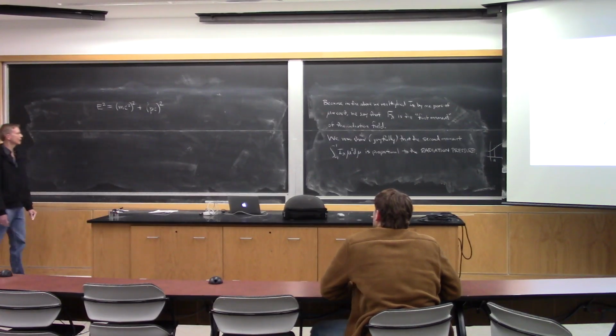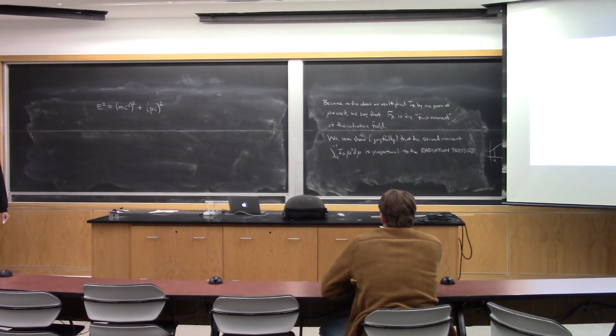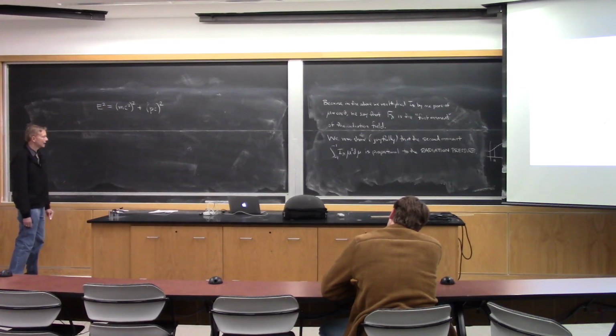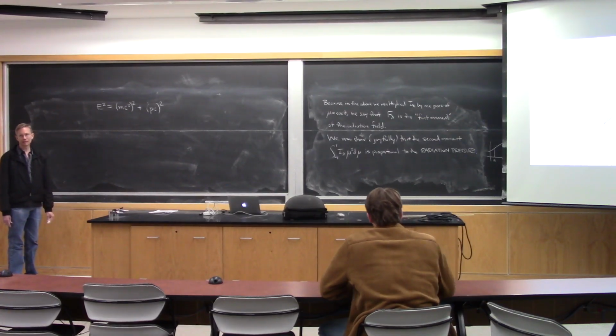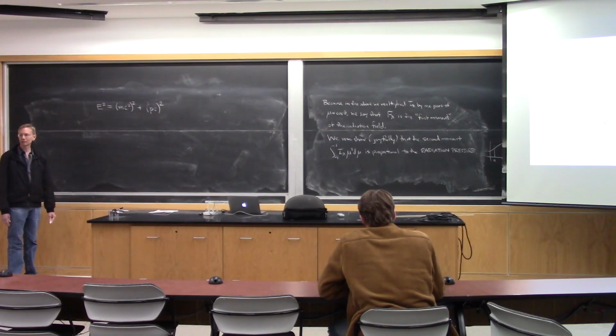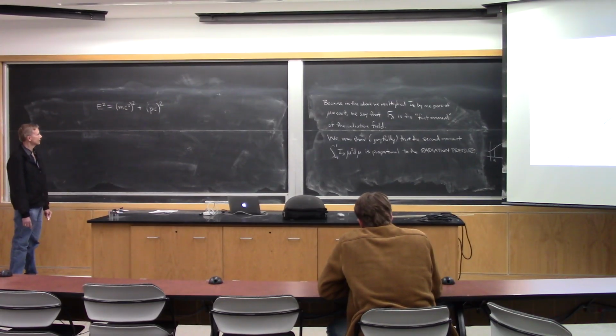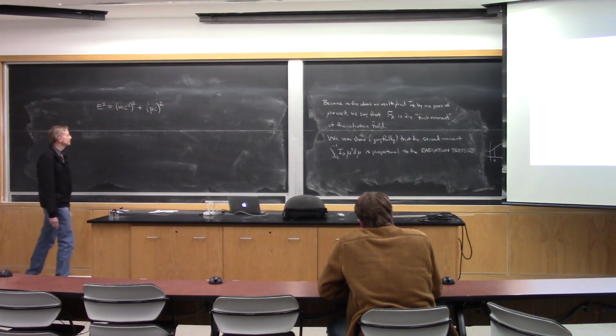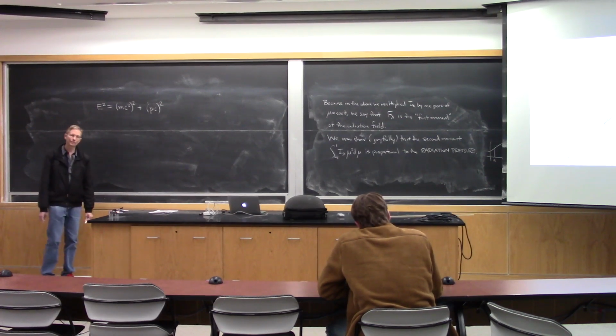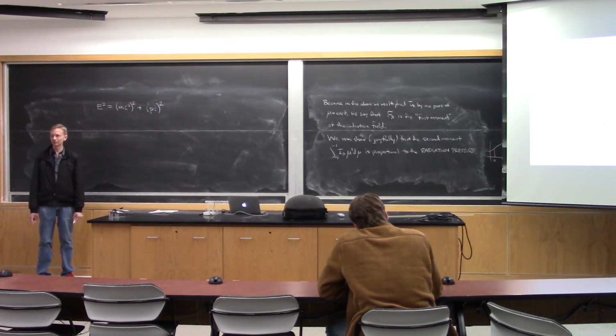E squared for a particle is mc squared squared plus pc squared. That's the relativistic relation between mass, energy, and momentum. That's just the general formula for a particle in relativity. E squared is mc squared squared plus p squared c squared, which of course you could write as m squared c to the fourth plus p squared c squared if you wanted to.